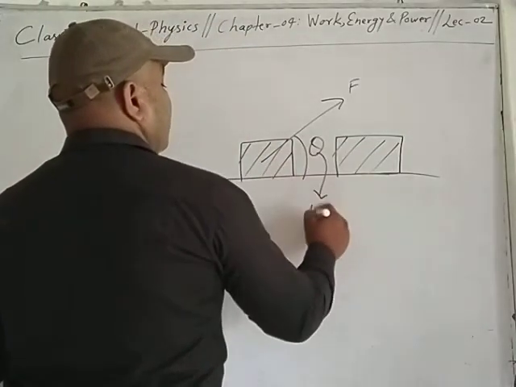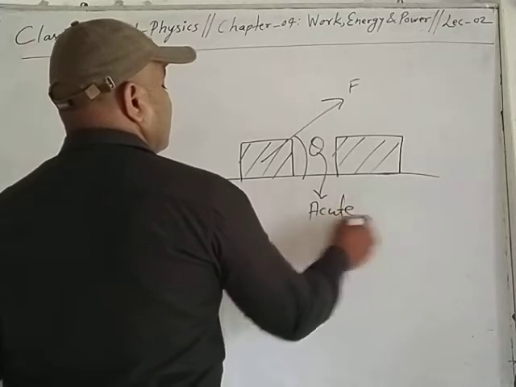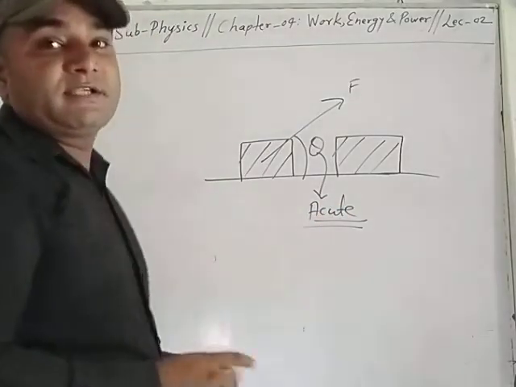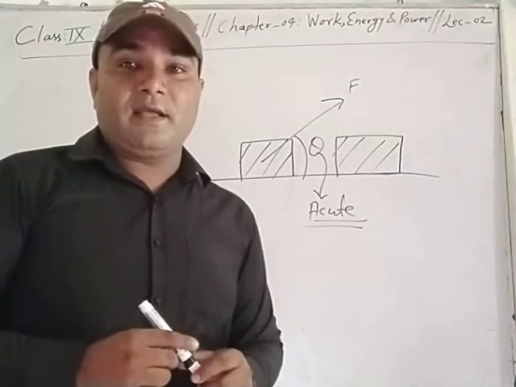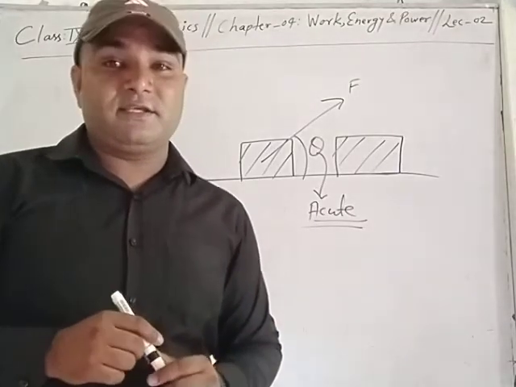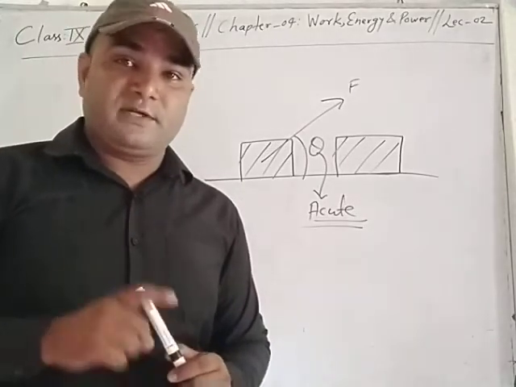That is an acute angle, less than 90. So when we are applying force and under this condition the angle is less than 90, the work done will be positive.